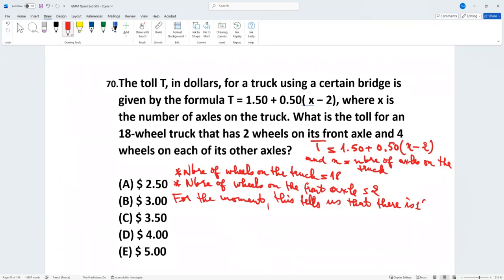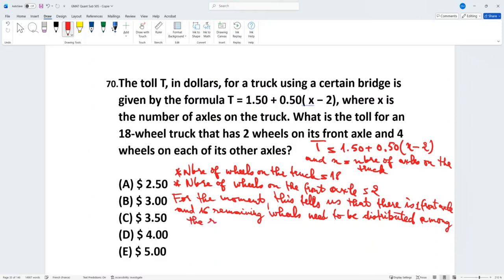There is one front axle and 16 remaining wheels need to be distributed among the remaining axles.